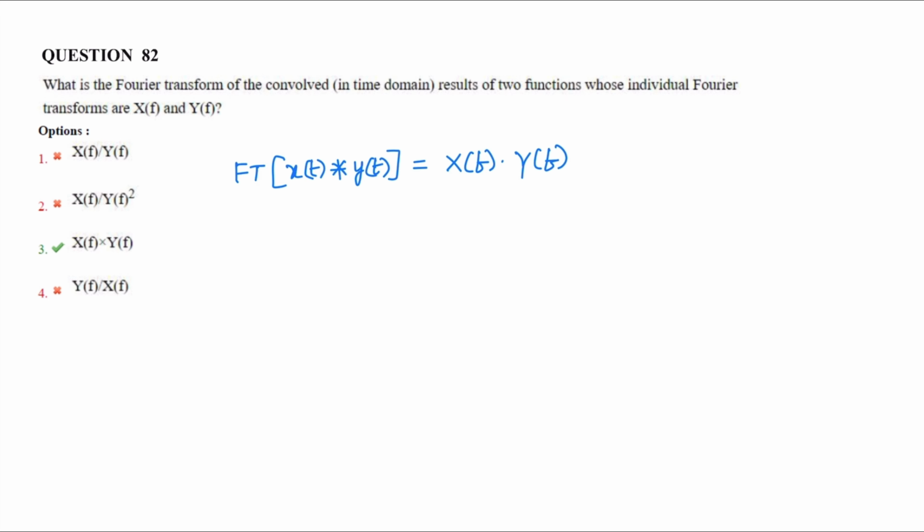So convolution in time domain is multiplication in frequency domain. So correct option is 3.